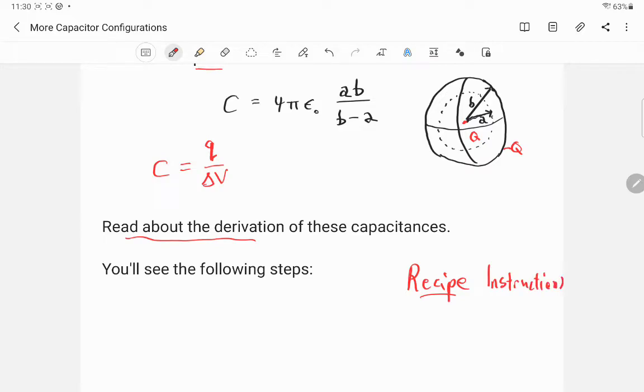And so the things that happen are, you start off by saying, imagine charge is separated. In the sphere case, I called it capital Q. It doesn't really matter what its symbol is, but you imagine that the charge is separated. And this leads to an electric field.